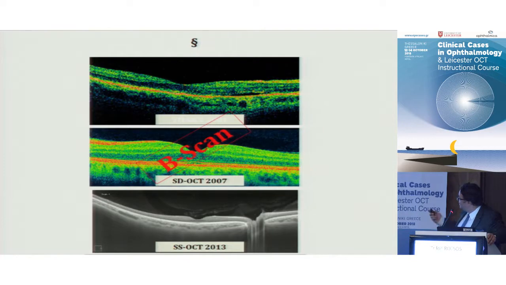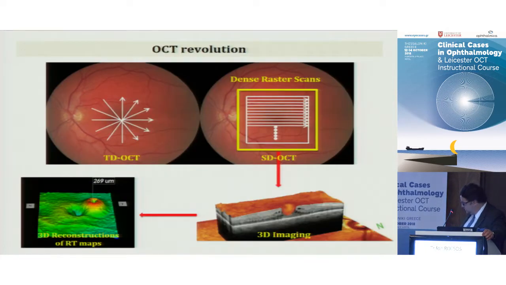In the past we had the time domain OCT, then the spectral domain OCT, and today we have swept source OCT, and this gives us the chance to go from the raster lines to 3D imaging, even reconstruction layers like the retinal thickness maps.